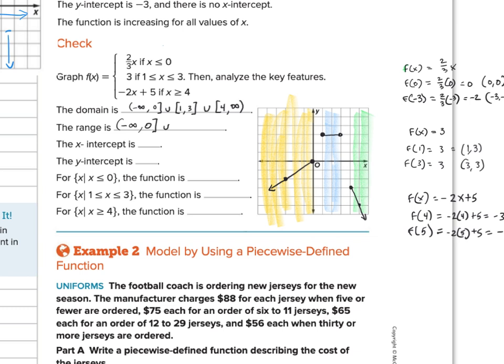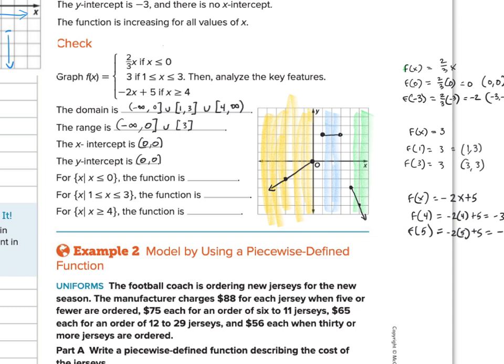It overlaps. And then the other part is 3, because it is just the number 3. So that is my range. The x-intercept is the ordered pair (0, 0). And then the y-intercept is also the ordered pair (0, 0).